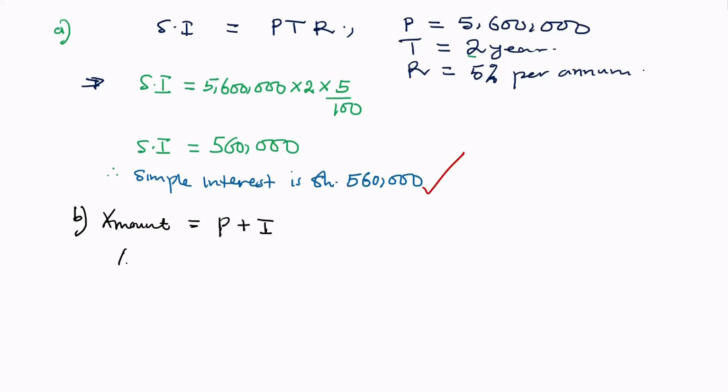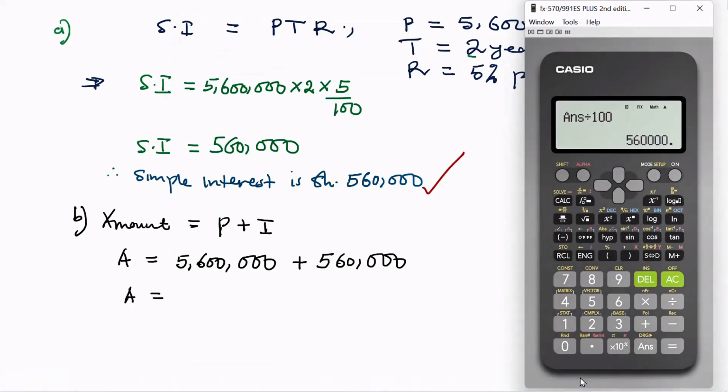So our amount, which we can abbreviate as A, equals our principal, 5,600,000, plus our interest, 560,000. I bring the calculator, I'm pressing 5,600,000 plus 560,000. This gives the result to be 6,160,000.